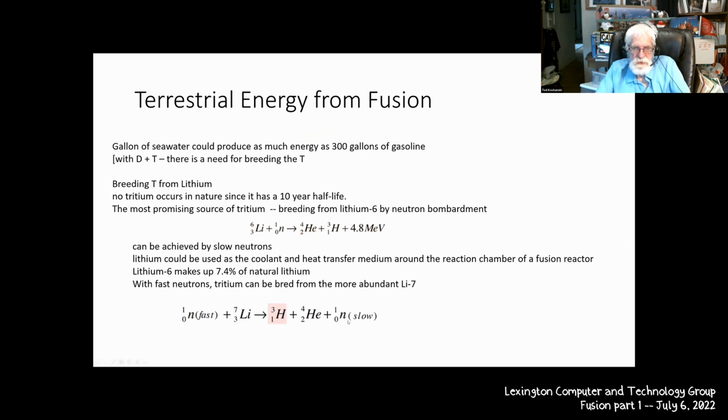It produces a slow neutron, which can then breed additional tritium if you have a mixture of these two isotopes. So essentially a slightly enriched version of naturally occurring lithium, say 20% lithium-6, you can have a breeder, right?